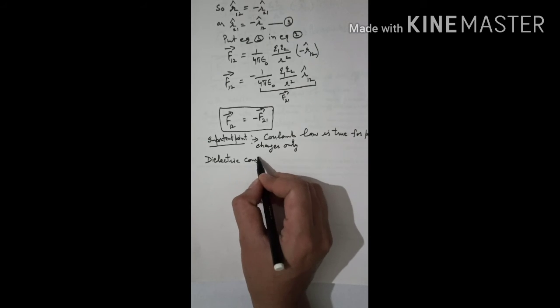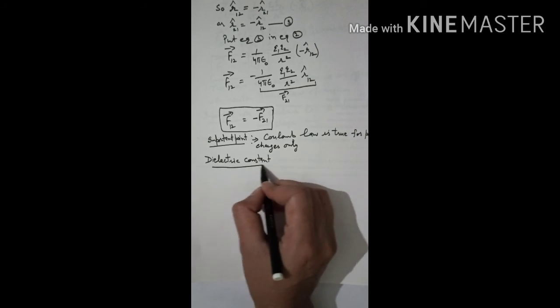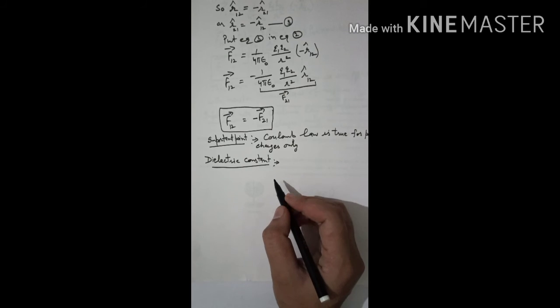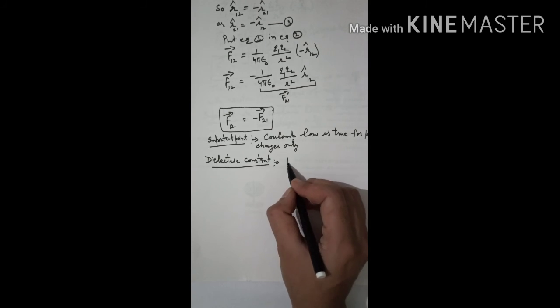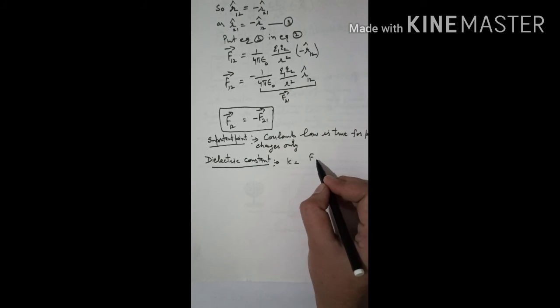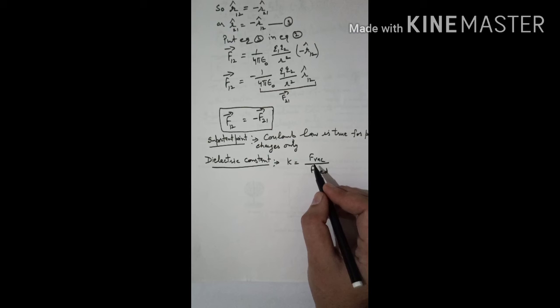Now, one important definition: dielectric constant K. The dielectric constant is the ratio of the force between two charges placed at a certain distance apart in vacuum to the force between the same two charges placed at the same distance in that medium.